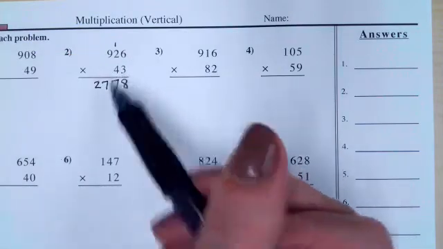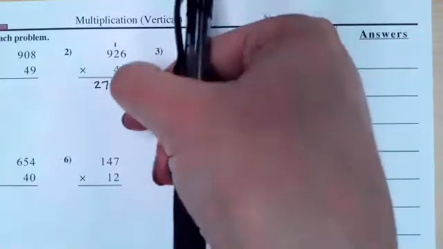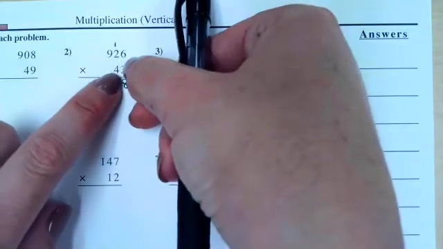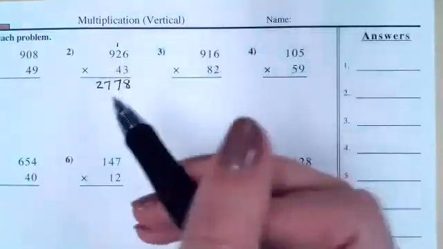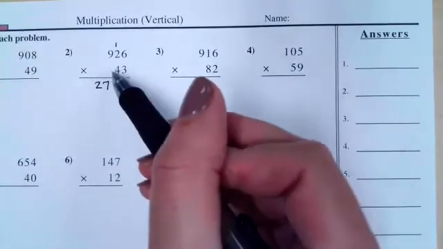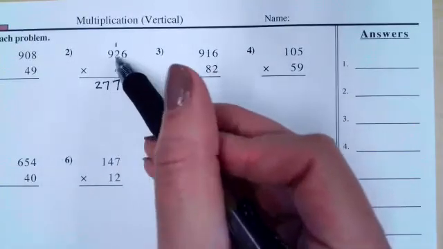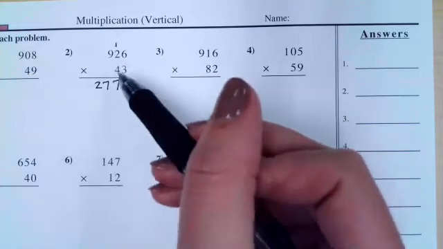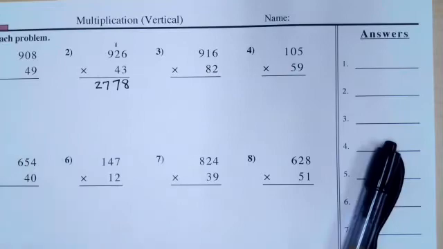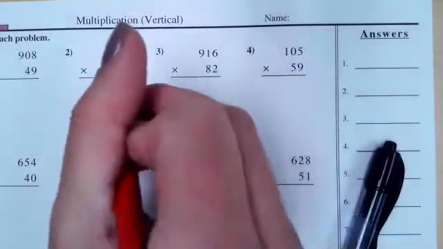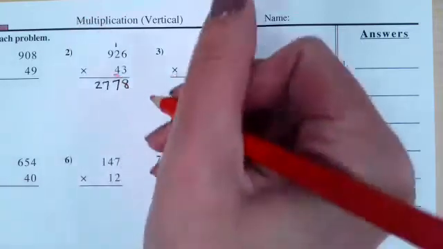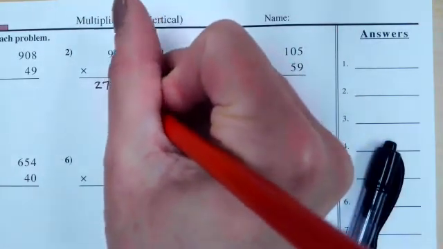But we also have this 4 in the tens place, which means 40. So that means we have to do 926 times 4, or essentially 40, and then add those two together. Instead of going 40 times 6, 40 times 2, 40 times 9, when we're doing a two-digit problem, we always, and I get a red pencil out, because when we're multiplying by our tens multiplier, we automatically just put a 0 here.